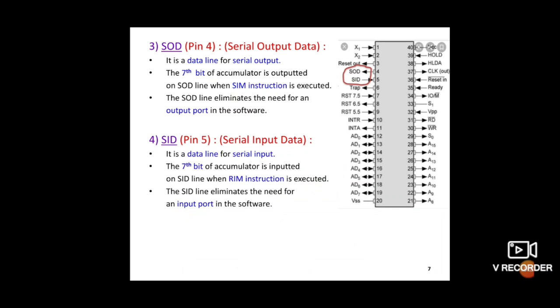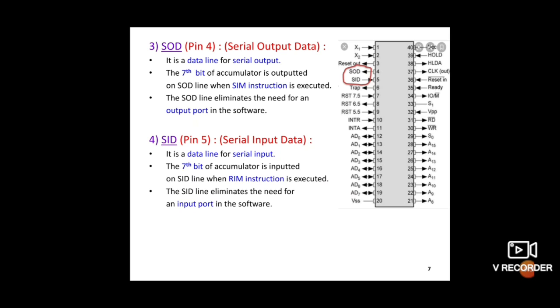Understand what SOD and SID are. SID is the input signal used to accept serial data bit by bit from an external device, and SOD is an output signal which enables the transmission of serial data bit by bit to an external device.